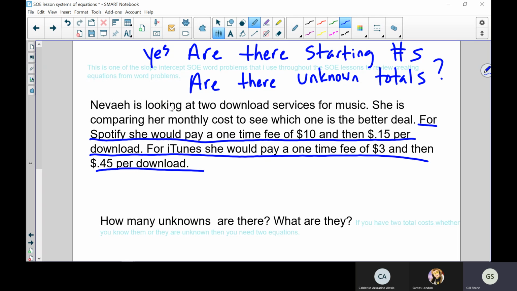So yeah, we have unknown totals. If you answer yes to these questions, and again, once you answer yes up here, odds are you're going to answer yes there also. Once you answer yes to those, that tells you two things.